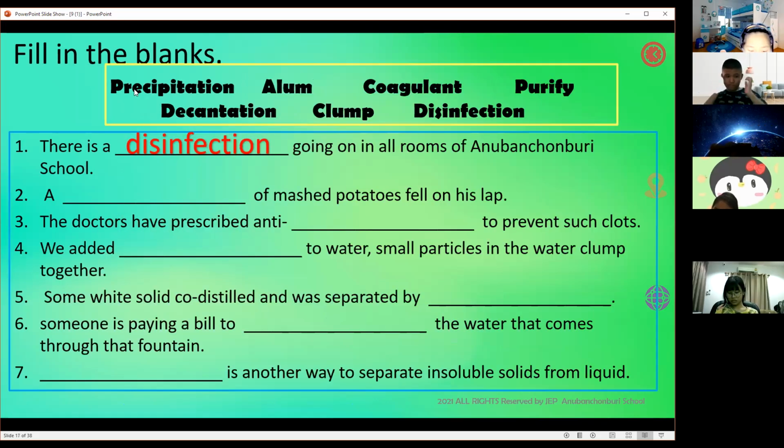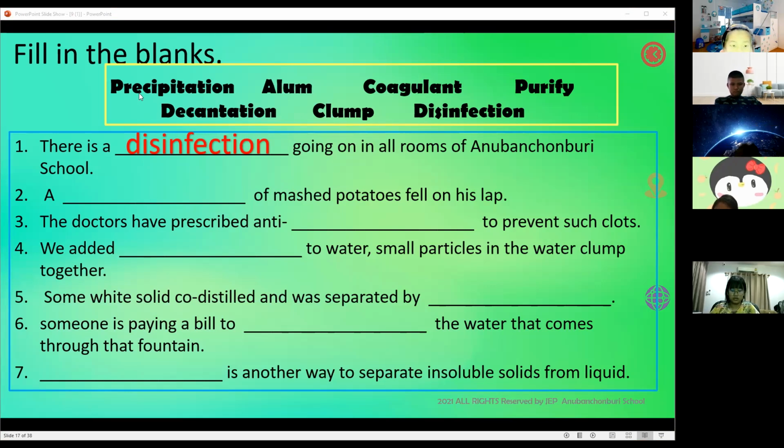Here we have the words precipitation, alum, coagulant, purify, decantation, clamp, and disinfection. Tell me the correct word, and I will say if it is correct or wrong. If I say correct, then you are going to read the entire sentence with the correct answer.